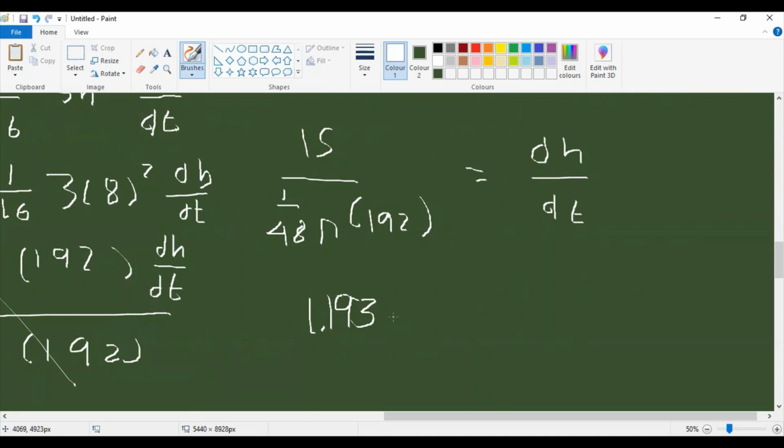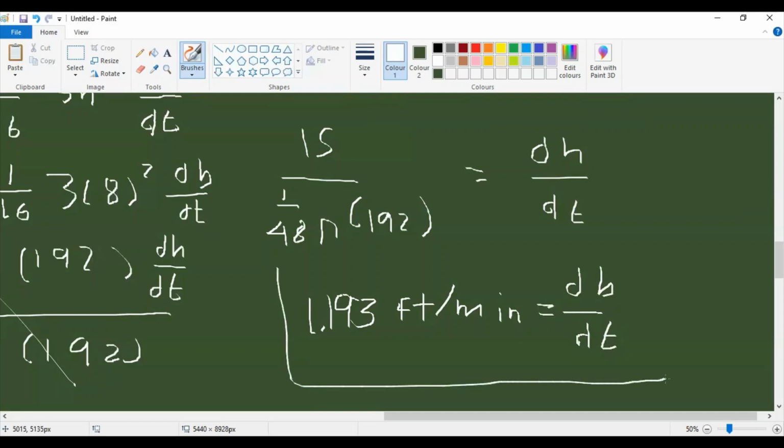Sorry. 1.193. Then we put the unit because it is necessary to put a unit since we are looking for the relation with change and time. So feet per minute. So this is our dh over dt, and therefore we have our final answer. I hope you got it.